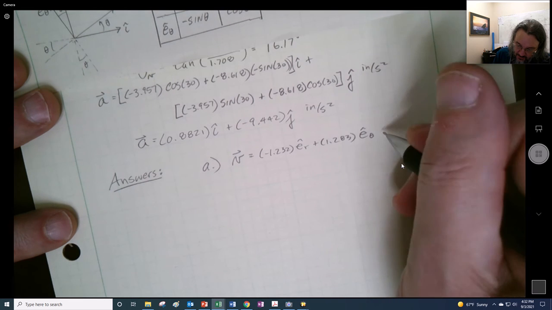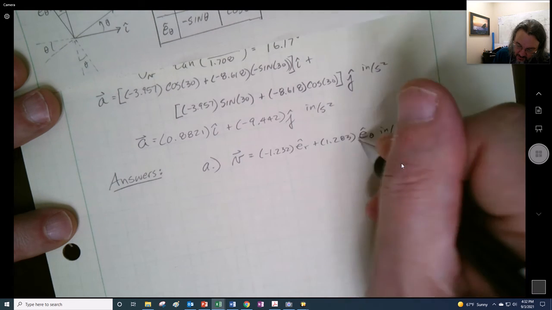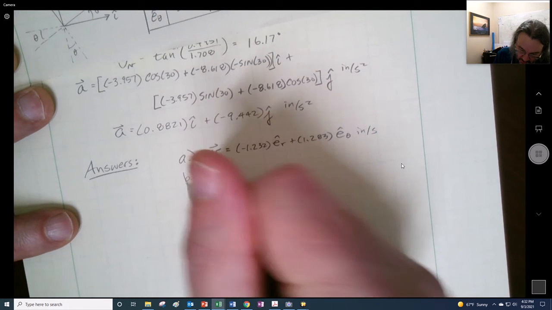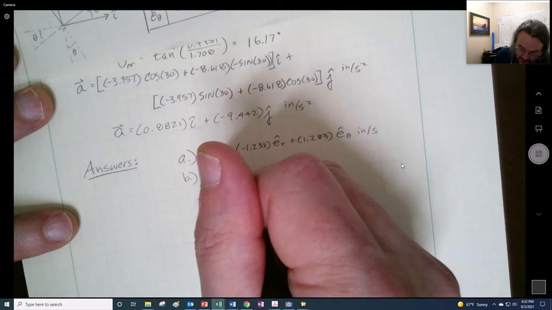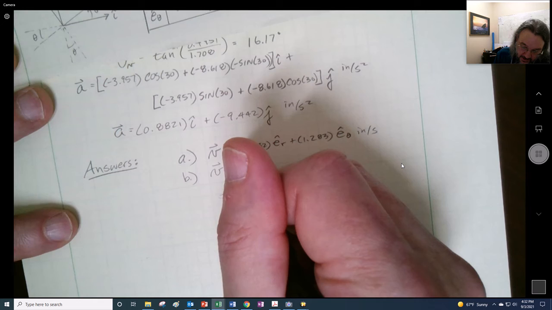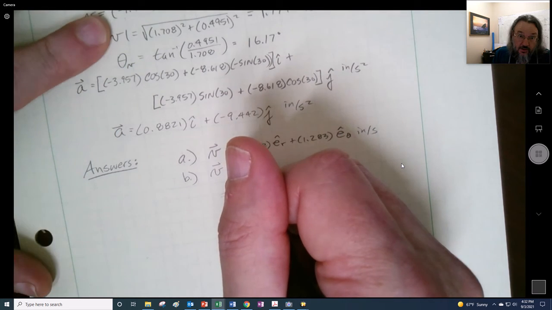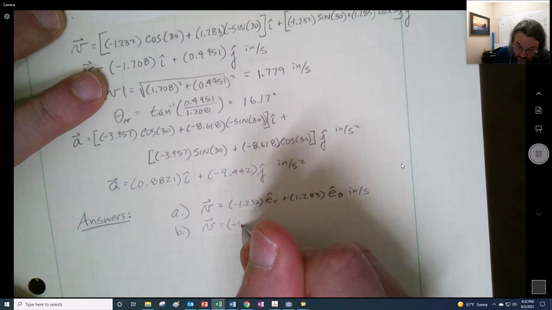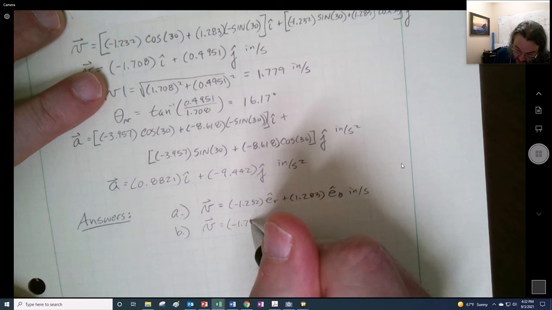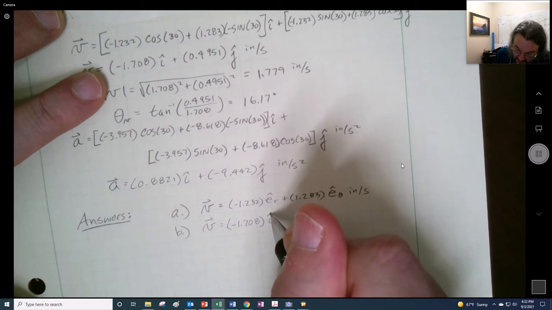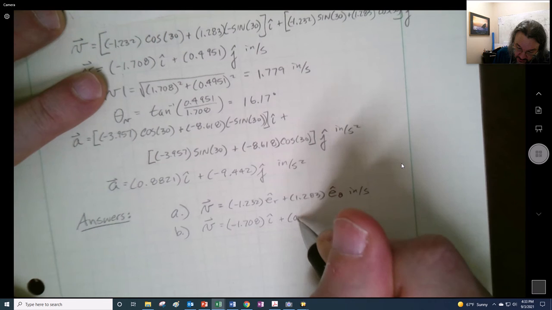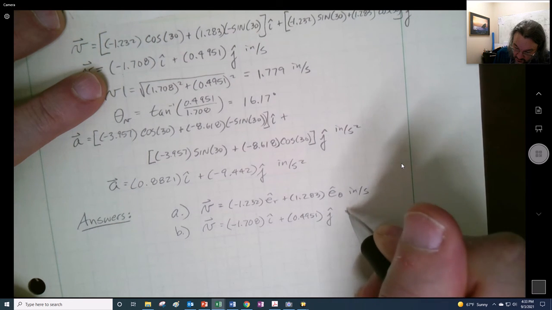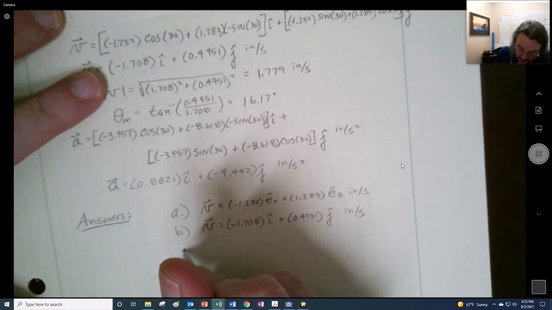Maybe I haven't been consistent in this, I will go down to 3 sig figs as part of the answer. And the velocity is now going to be negative 1.708 I plus 0.4951 J inches per second.